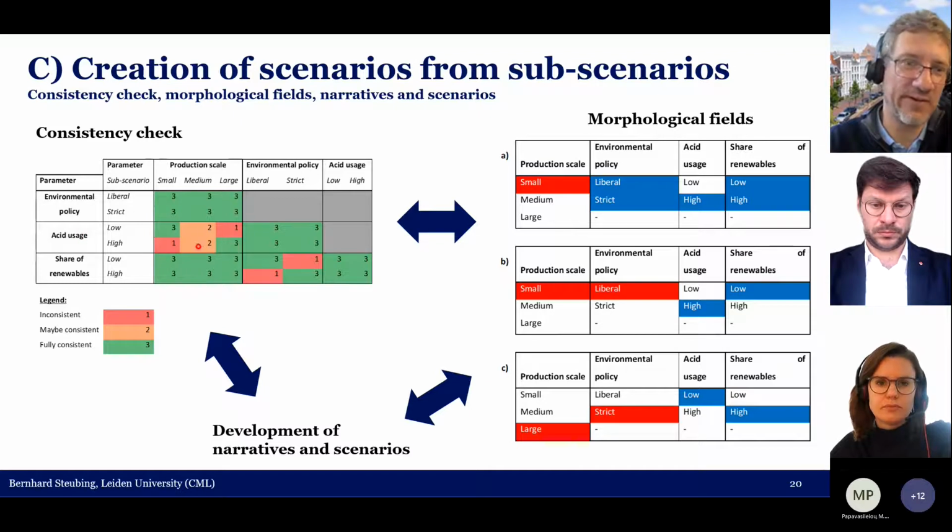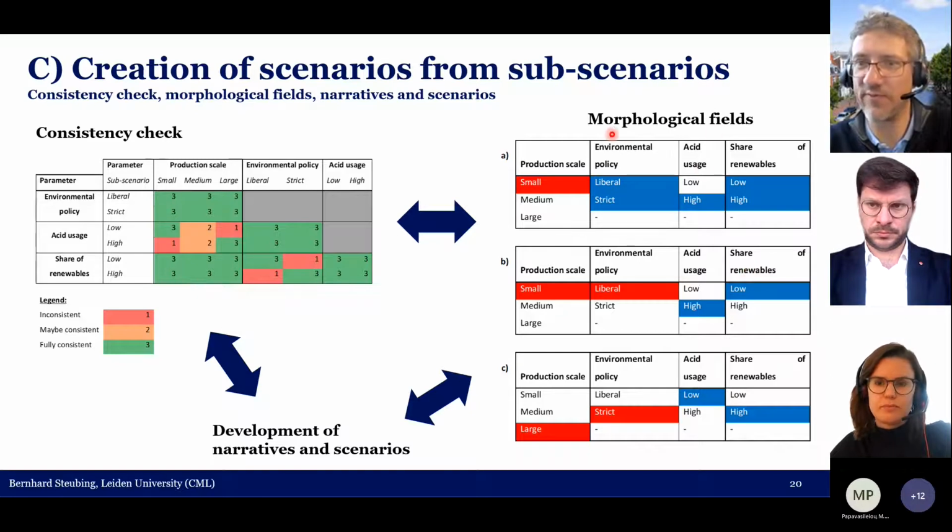And in between, there are some possibilities, and these are rather no-goes. So these scenarios here would fall out, and that would reduce the dimension space. This can be done very nicely also in parallel with morphological fields from general morphological analysis.